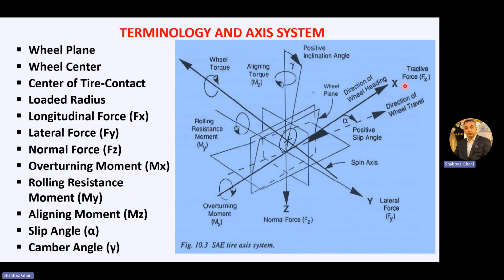And slip angle we have already covered, the difference between the direction of wheel heading and the direction of wheel travel, the alpha, and the positive inclination angle, the camber angle.